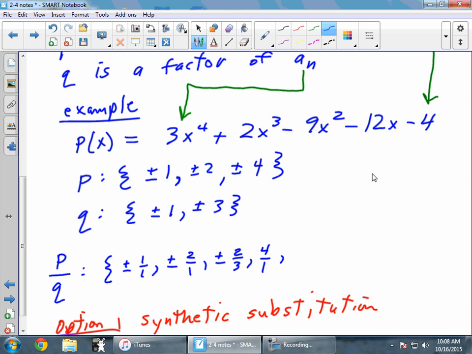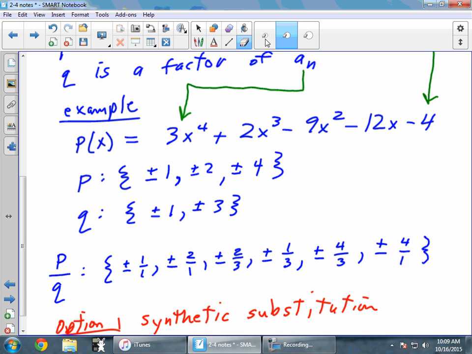We're missing a couple. 1 over 3. Very good. We're on a roll. Oh, shoot. I stopped doing my plus and minus. That's important. Plus and minus 1 over 3, plus and minus 4 over 3, plus and minus 1, 2, 3, 4, 5. We're missing 1. Aha, 4 over 1. Did we already have 4 over 1? Oh, you did. You're ahead of me. You're so fast. Okay, we're doing well. We have those.